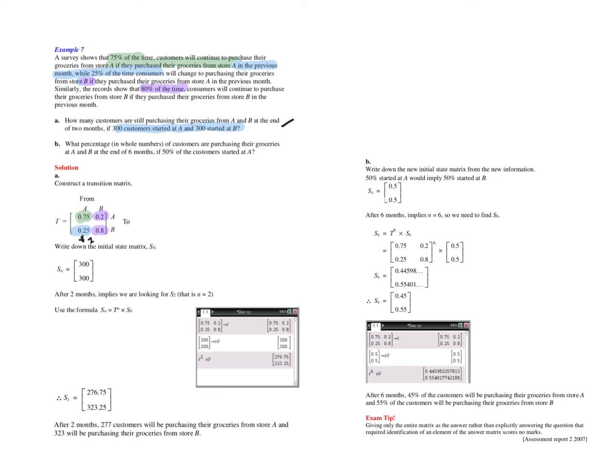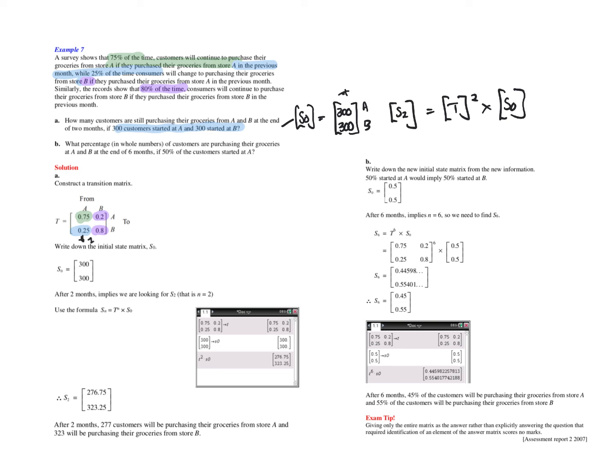So here they gave you an S0, they gave you the initial state. We're going to say A and B, and they've told us there's 300 and 300. And how many are at the end of 2 months? So the question there is they really want state 2. So you would do the transition to the power of 2 times that S0, which is just here.